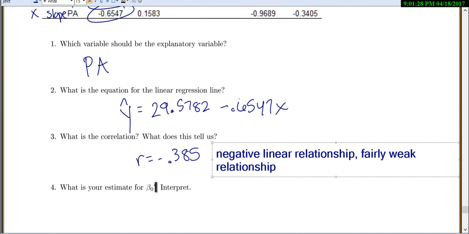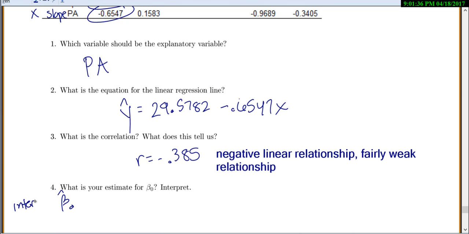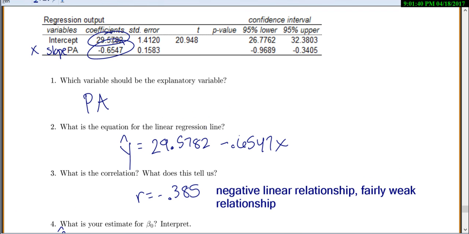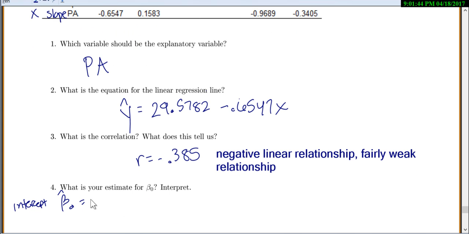Let's see, what's our estimate for our intercept and interpret it? So our estimate for the intercept is this, 29.5782. Now to interpret this, it's always if x equals 0, then y equals what?